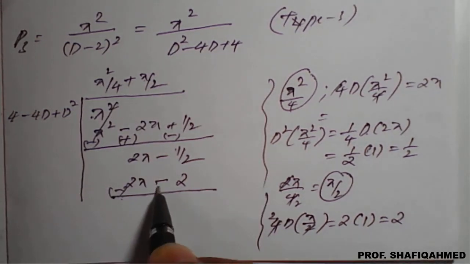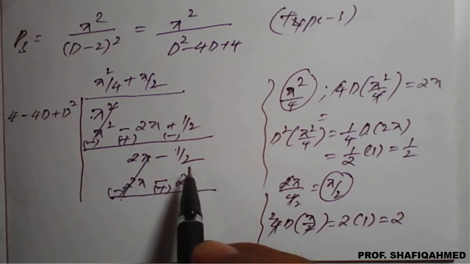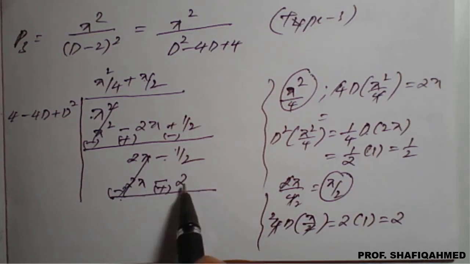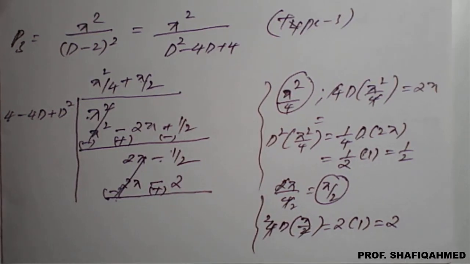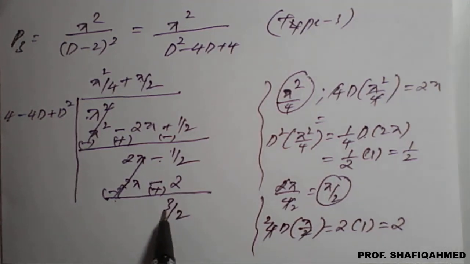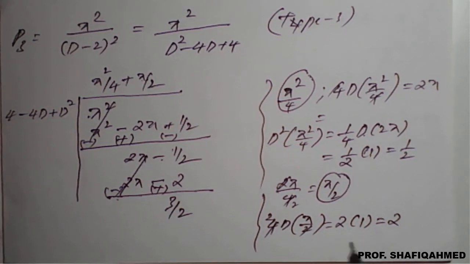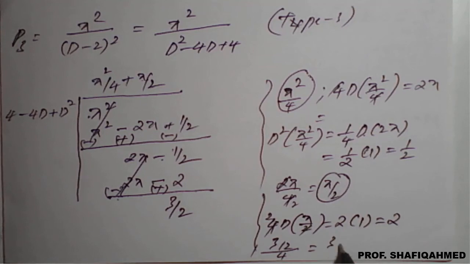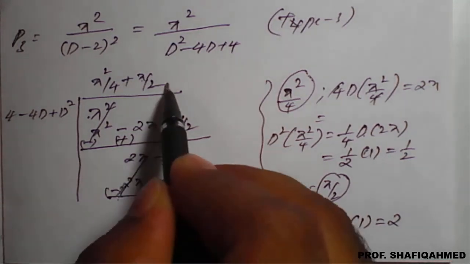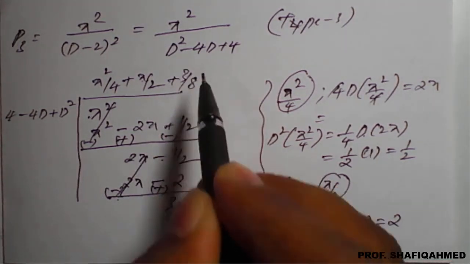The minus sign and plus sign cancel, so minus 1 by 2 and plus 2 will be 3 by 2. But again we got a remainder here, 3 by 2, and we want 0, so this 3 by 2 divided by 4 we need to work out, which will be 3 by 4 twos are 8, that 3 by 8 we write here.